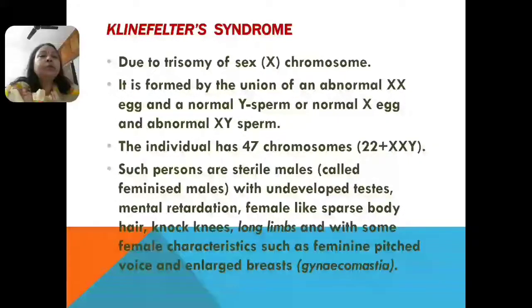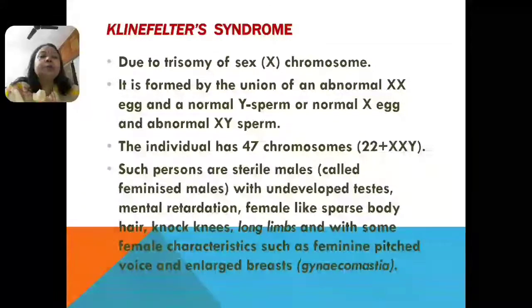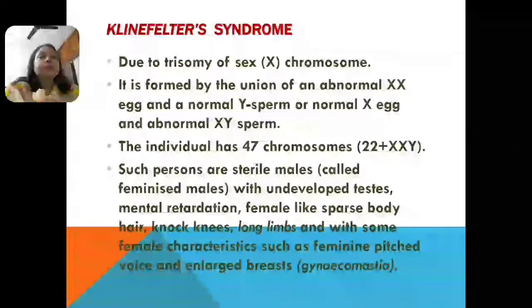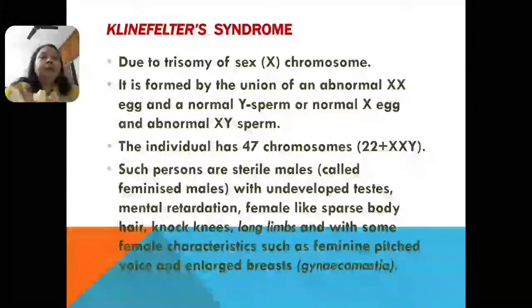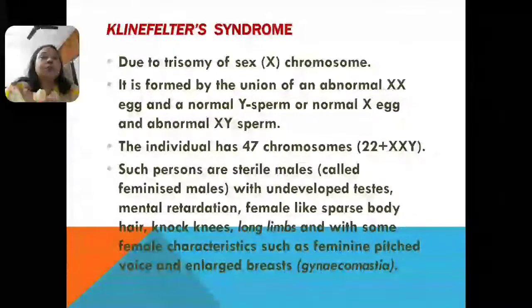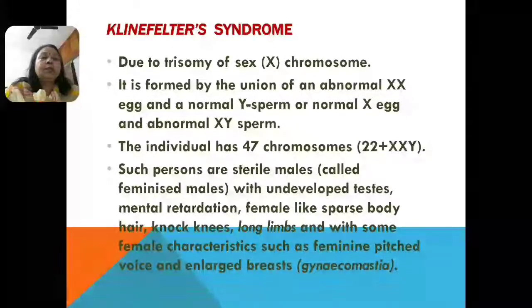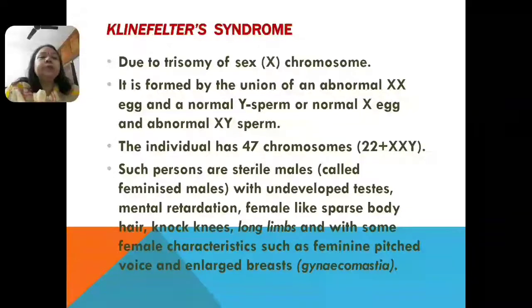They are also called feminized males, with undeveloped testes, mental retardation, and female-like sparse body hair, knock knees, long limbs, and some female characteristics such as feminine pitched voice and enlarged breasts, gynecomastia.